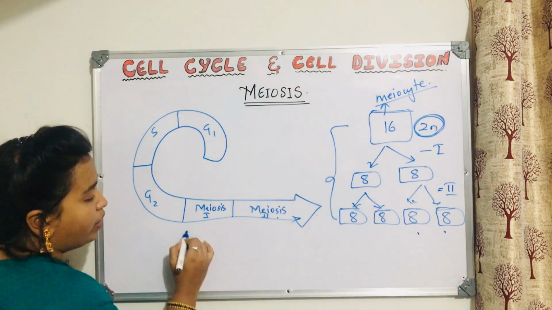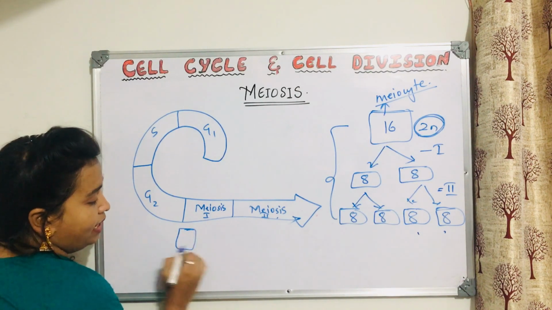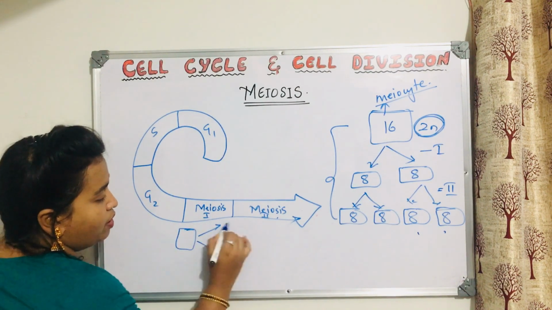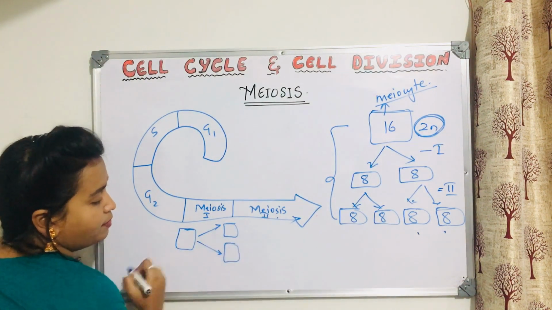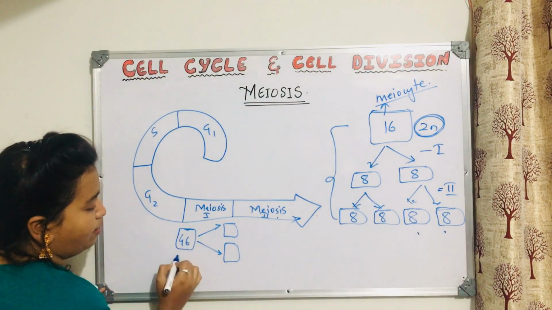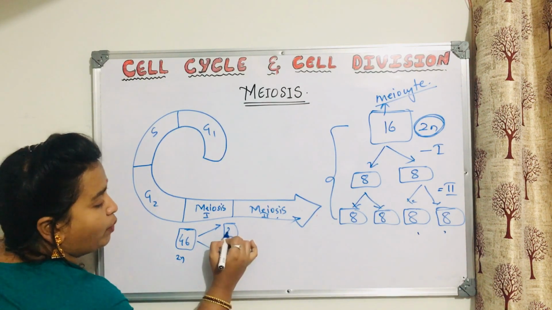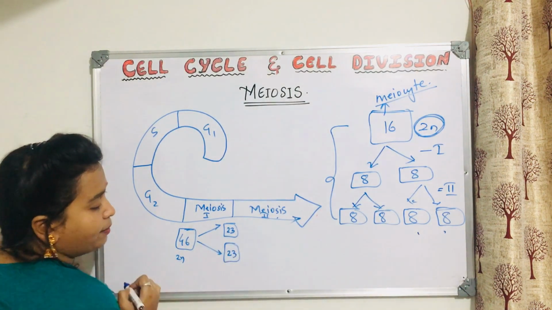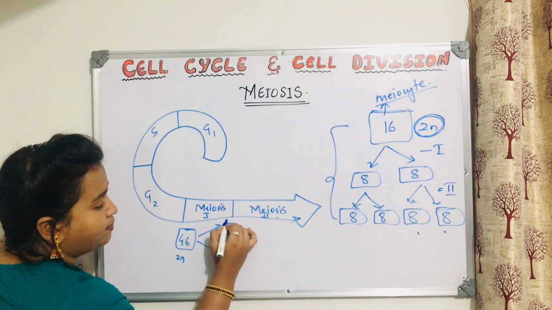See, in meiosis 1, what will happen? One parent cell will divide and form two cells, correct? Let us take a human example. If it is 46, which is a diploid number, it will form 23 and 23, which is haploid.